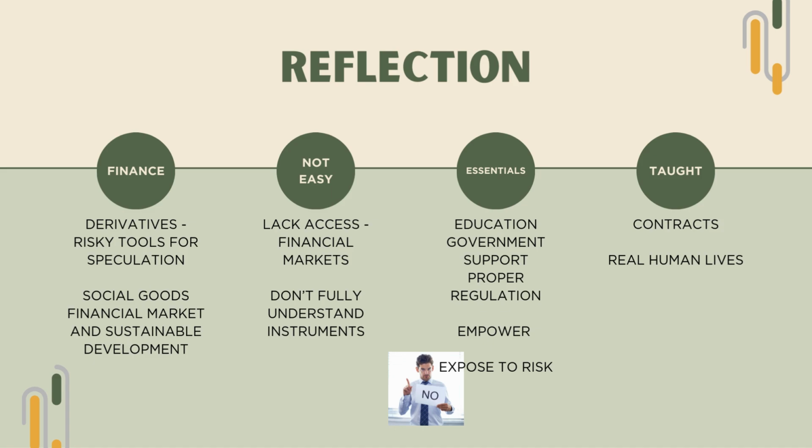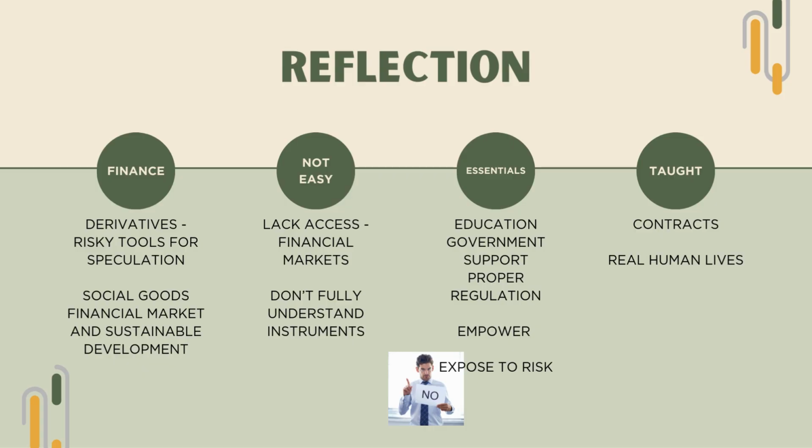Many small farmers lack access to financial markets or do not fully understand these instruments. And what is important is education, government support, and proper regulation. These are crucial to make sure derivatives empower people rather than expose them to new risks.